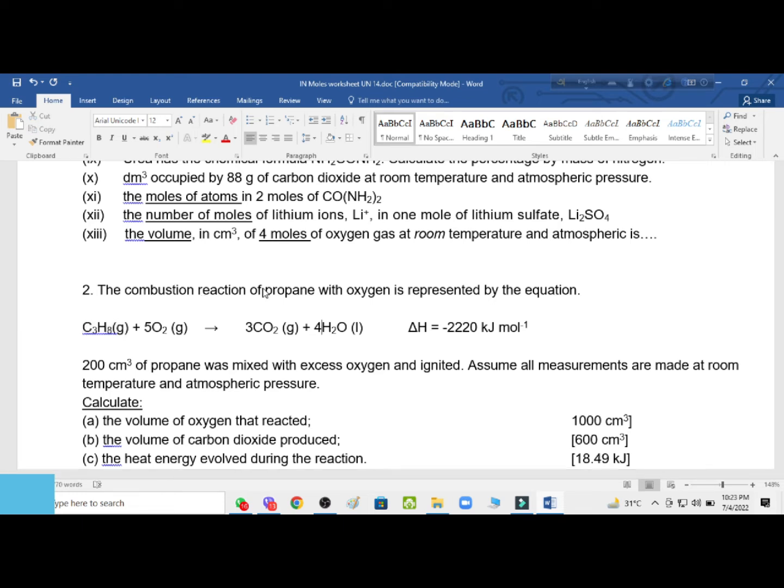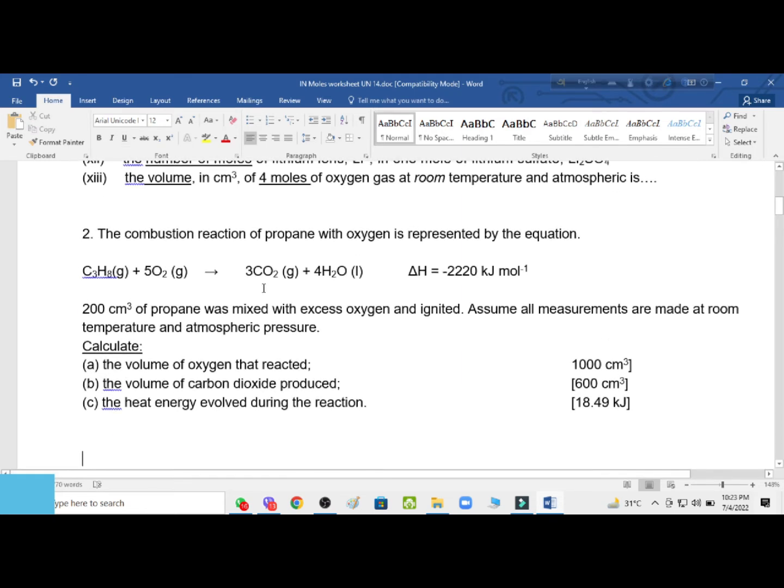And here you get a value of del H. Del H means heat change, that you learn later in detail. As you burn, heat will be produced, in kilojoules. This amount of heat is produced per mole. I mean, burn 1 mole, get this heat.